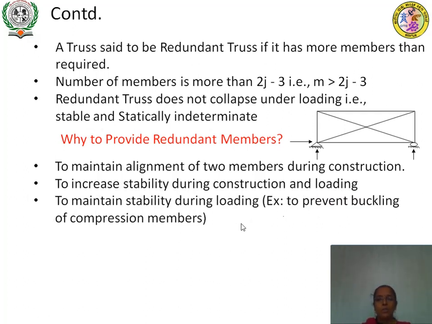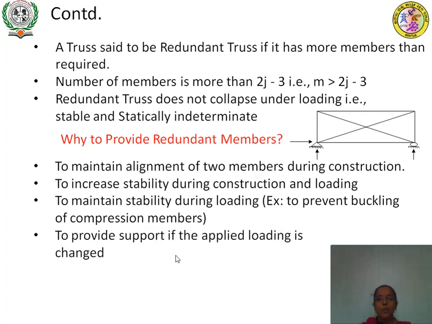That is what is already mentioned here: to prevent buckling of compression members, and to provide support if the applied loading is changed. Suppose we have analyzed the structure by considering the load acting at this point. Maybe after some time the loading position may change.